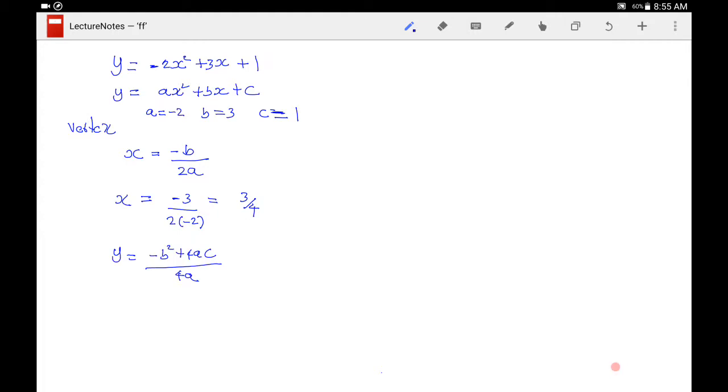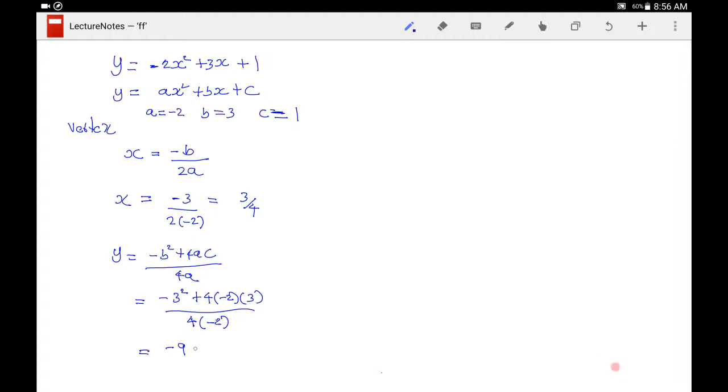So the y is given by this formula. Here we'll plug into y. So minus b squared, I have the minus sign from the formula. B is 3, 3 squared plus 4, A is negative 2, C is 1, over 4 times A, which is negative 2. If I square, I get 9.